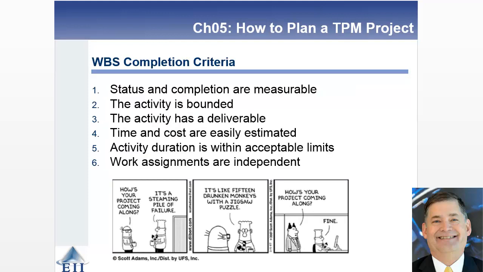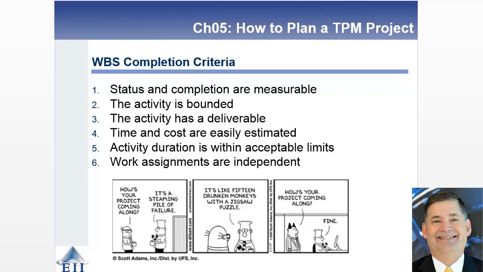All right, here are the 6 stated completion criteria to make sure that each activity is at the appropriate level of granularity. So we want to make sure that we're generating activities that we can later use in our network diagram to schedule out the project. So first of all, the status and completion of that activity have to be measurable. It has to be a bounded activity that has a deliverable that, again, you can go, yep, I got that deliverable, it's been done.